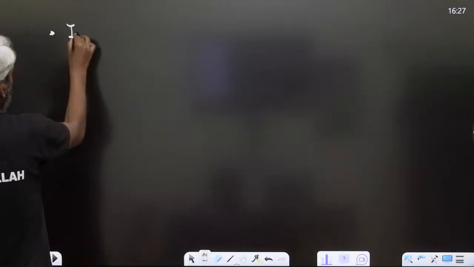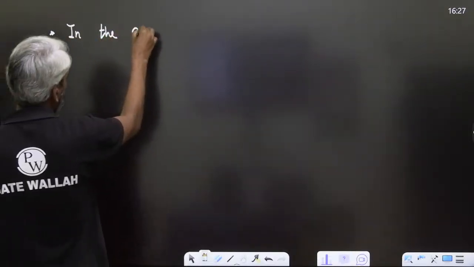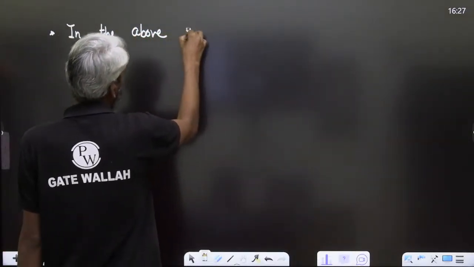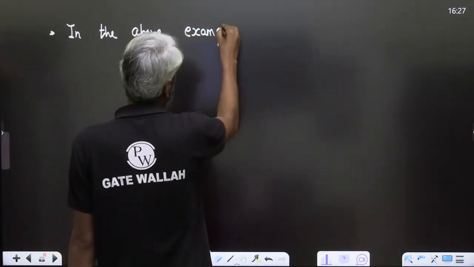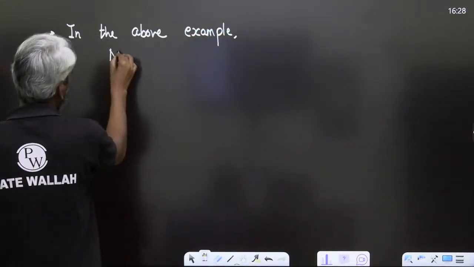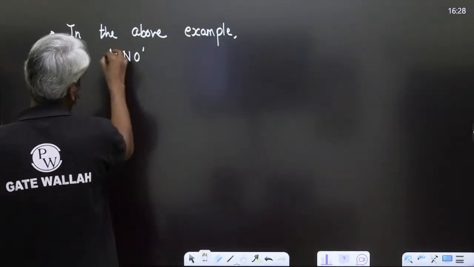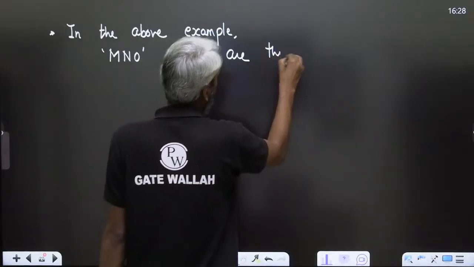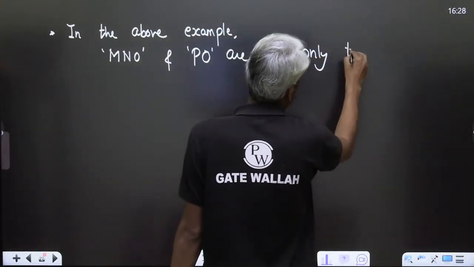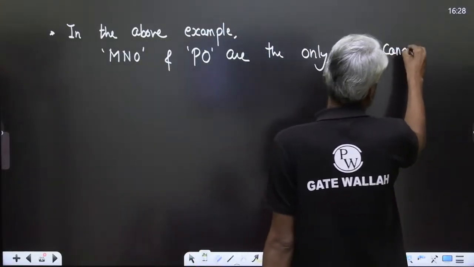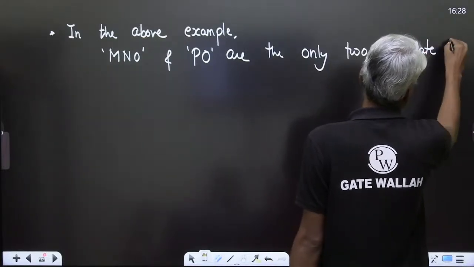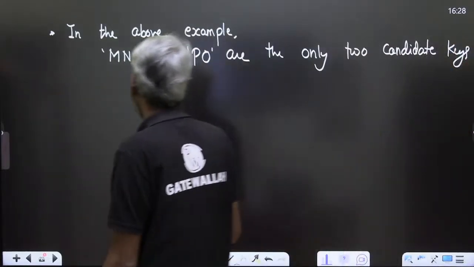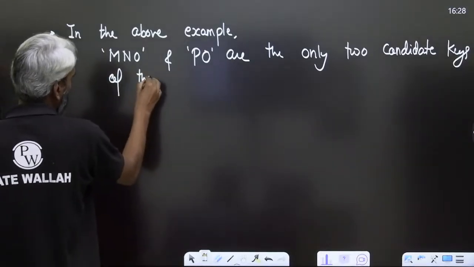So can I say in the above example, MNO and PO are the only two candidate keys of the relation.